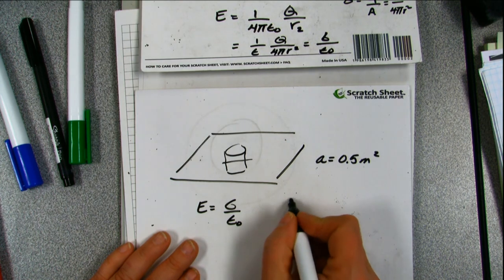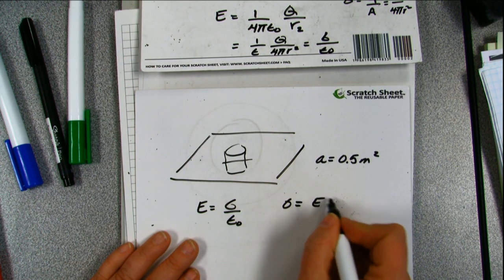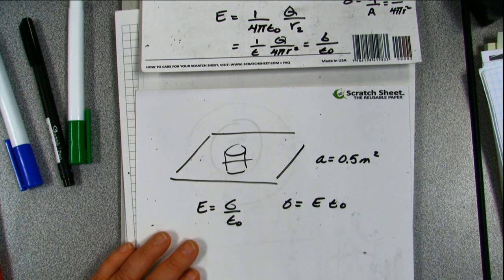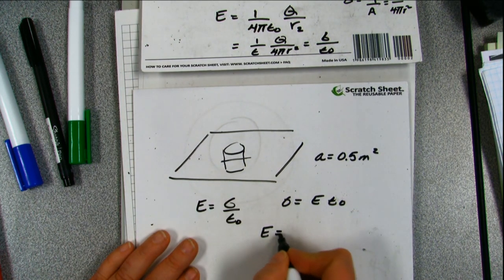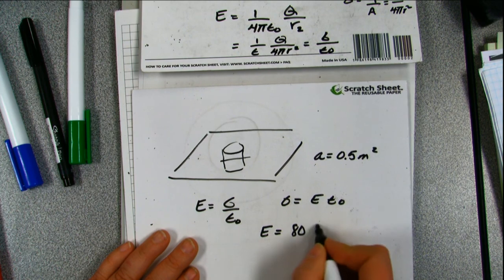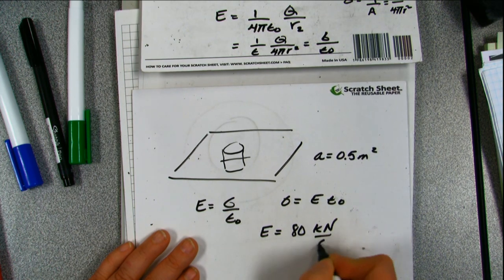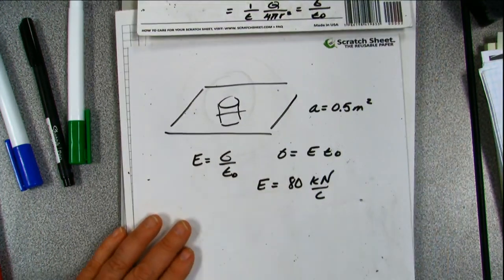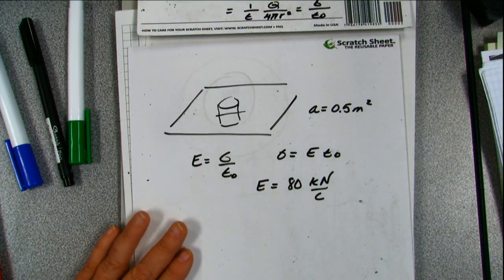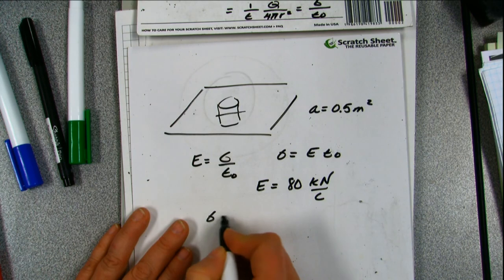Our surface charge is going to be E epsilon 0. If we're told that the electric field is equal to 80 kilonewtons per coulomb, we can calculate the surface charge.